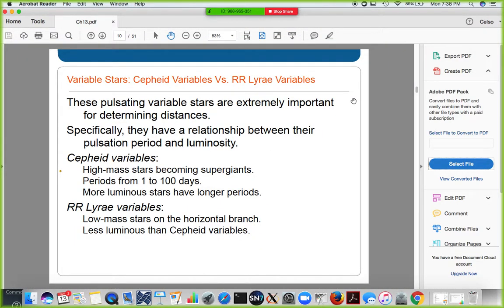Now, there are pulsating stars, and these variable stars, Cepheids and RR Lyrae, are very important in astronomy.